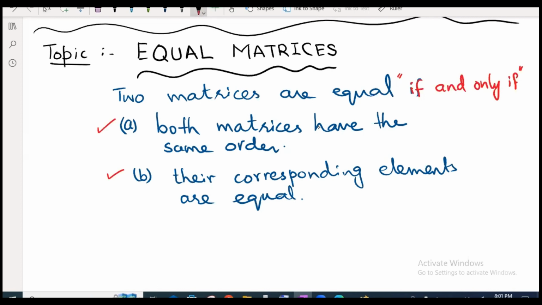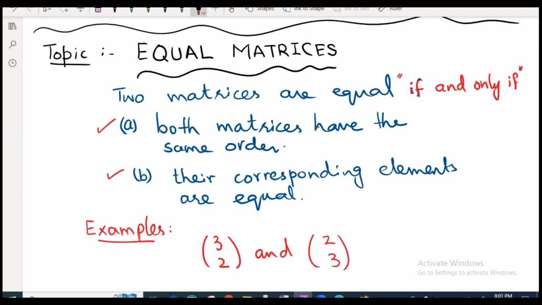Suppose I'm giving you one example. Suppose 3 2, and 2 3. Are these equal matrices? सर सेम ऑर्डर. जहाँ थ्री है दूसरे वाले में भी थ्री होना चाहिए.